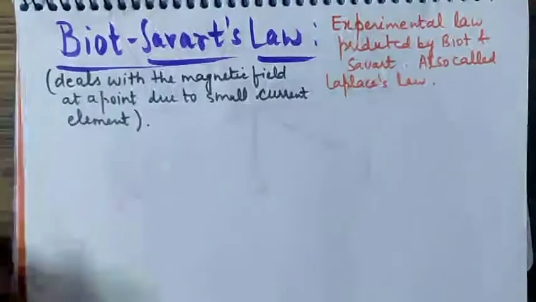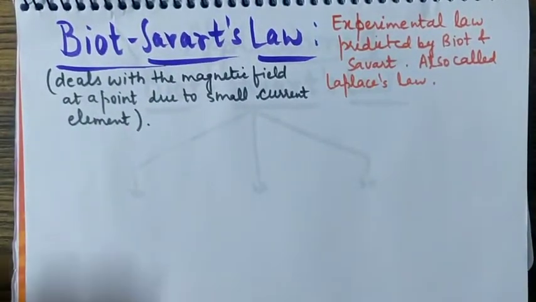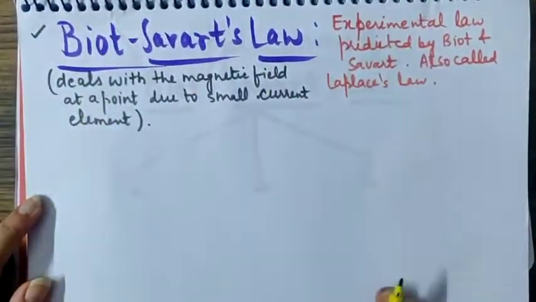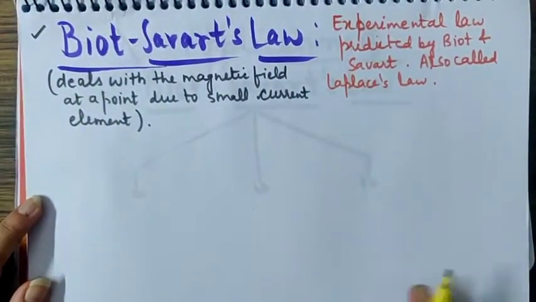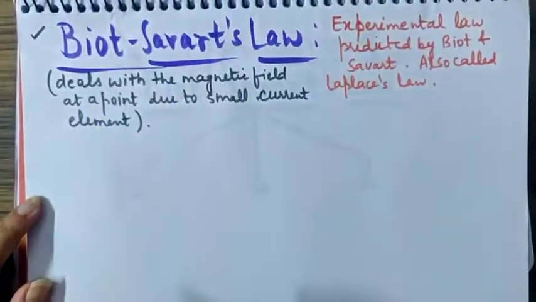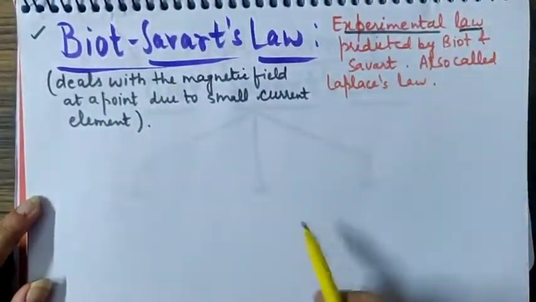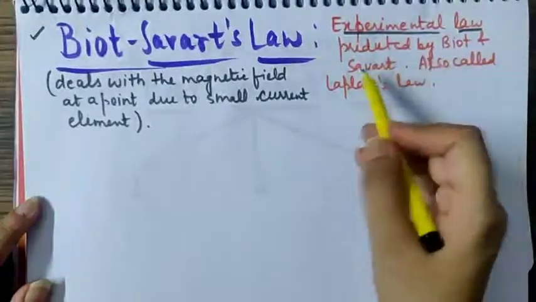So in this particular video we'll discuss this law which gives you the value of magnetic field, but there are some limitations of this law. First, it is an experimental law and it was given by Biot and Savart. It's also called Laplace law.